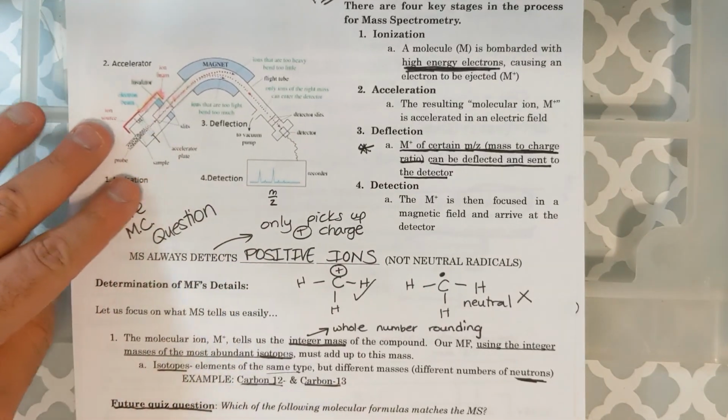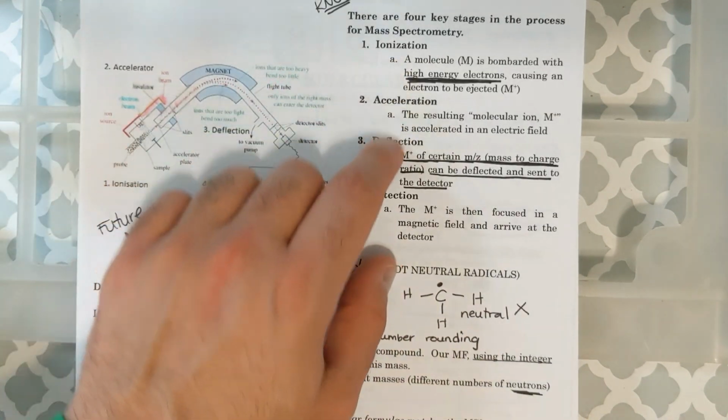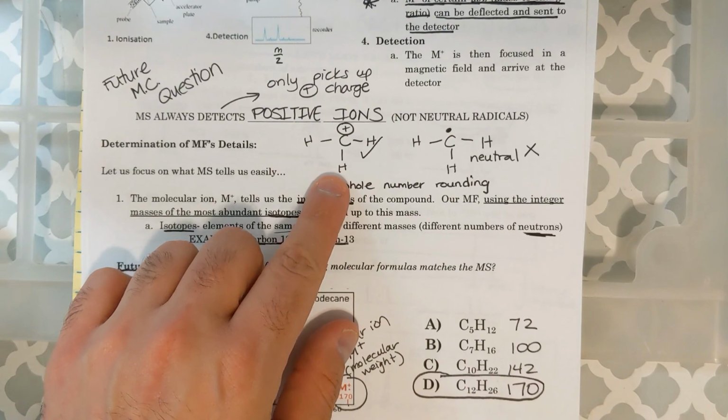I then talked about how a mass spectrometer works. And you're going to have to know about these 4 different parts or stages of the process in mass spectrometry and know that mass spectra only read positive ions.